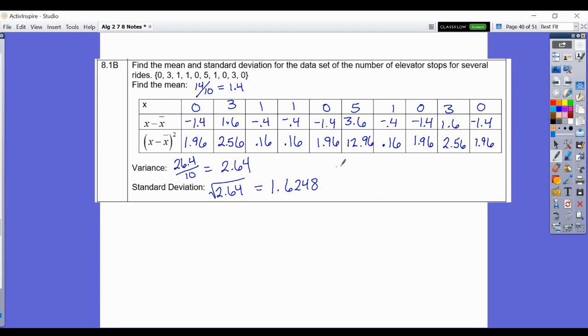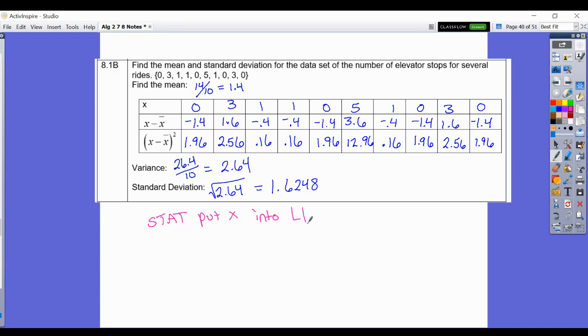First of all, if you have a TI, you're going to click Stat. And we need to put our numbers in. So put the X values into L1. So you go all the way in there, put that in L1, and pause the video, put them in. Okay, second step.